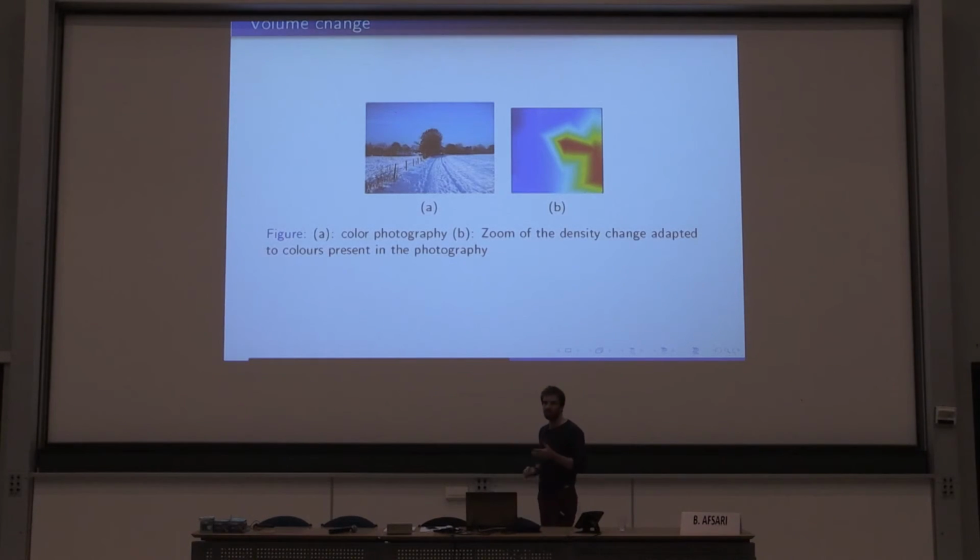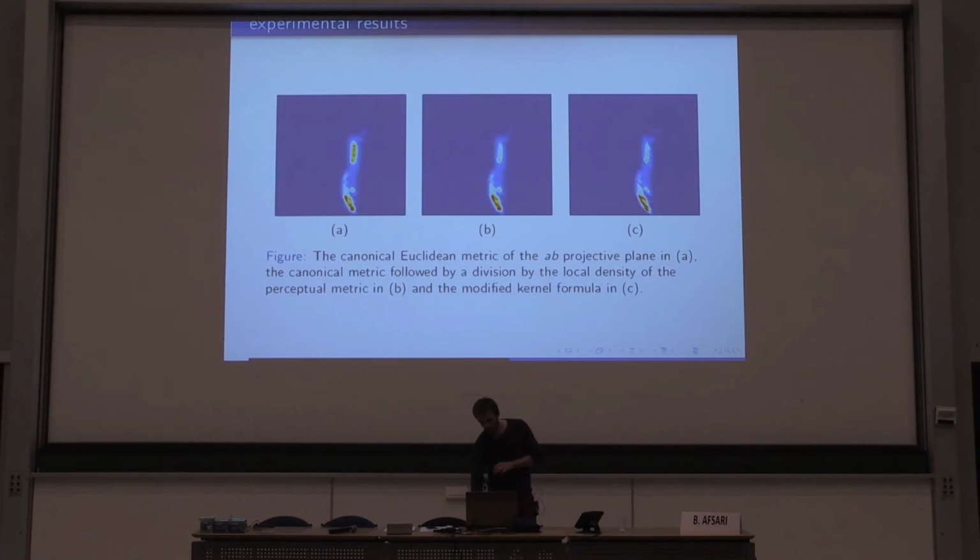So now just a small example, I took a color photography, and here I just rescaled the Riemannian volume measure to the colors present in the image. And now to conclude, I computed 3 different histograms of the previous photography. The histogram on the left is a standard kernel density estimation on the AB plane.